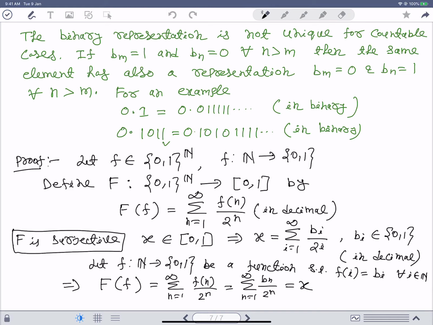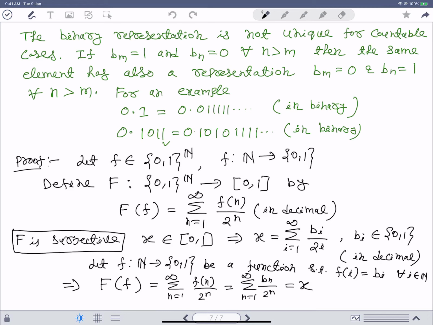Now can you say that F is injective? Note that F is not injective because we can choose two functions which have the same representation, so they will converge to the same number. But the problem is that the numbers for which this function is not injective, the problematic points, are only countably many, because we have only a countable number of points which have exactly two representations.